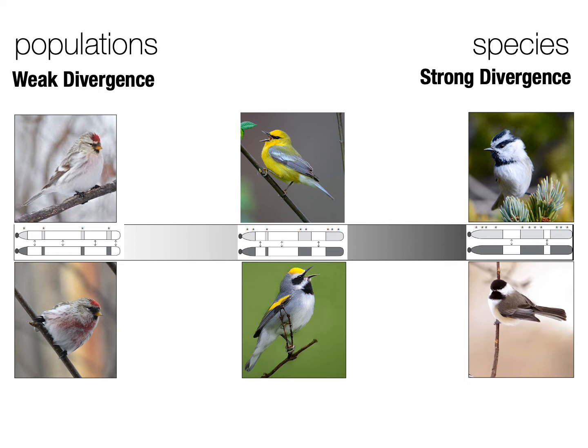And along the continuum, you can see an image of clip art chromosomes that show where the genome is shared and where there are divergent regions, the divergent regions being indicated by an asterisk. So when populations are weakly divergent, you might expect most of the genome to be shared with only a few regions different. And that increases as you increase in divergence.